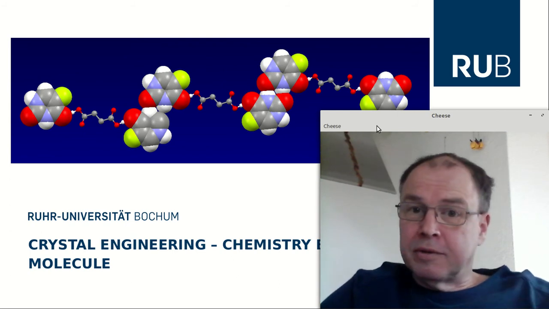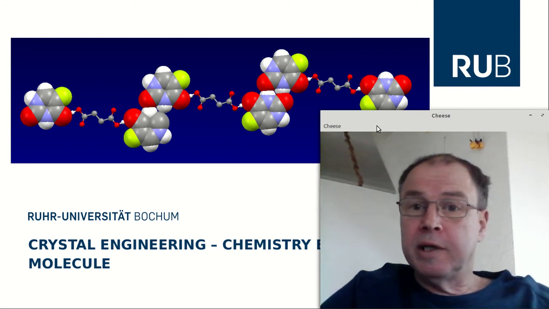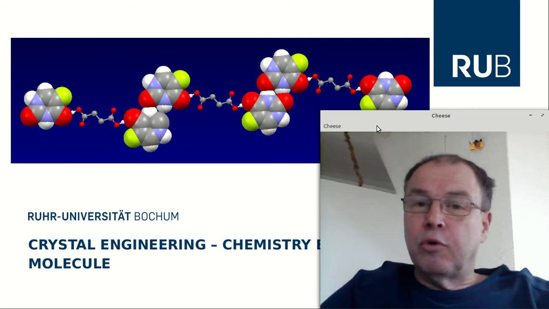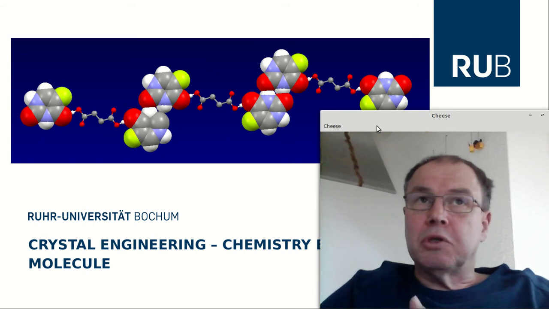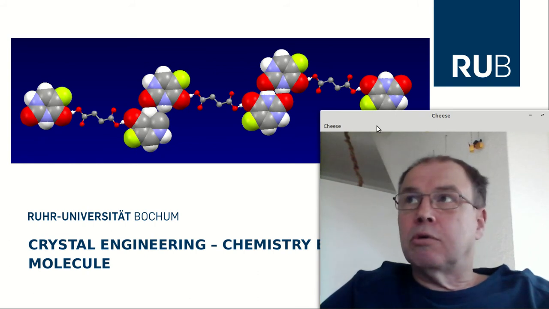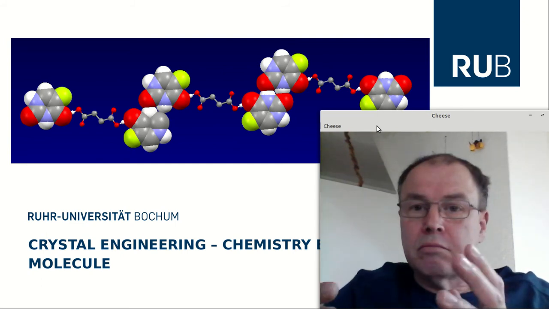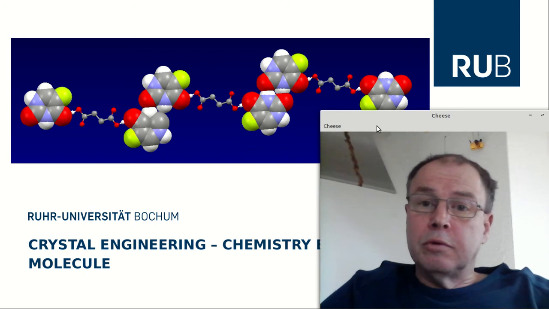In the last videos we talked about different types of intermolecular interactions and a little bit about how we can use them. We talked about general crystals, single crystals built up from one single molecule.